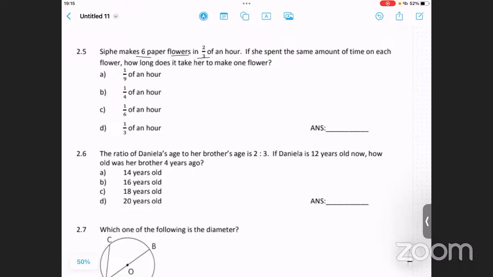How are we going to answer this one if it was a question, not just giving the options that we're given here? How do you think we were going to calculate for this?